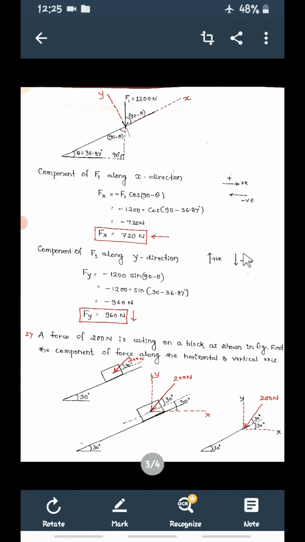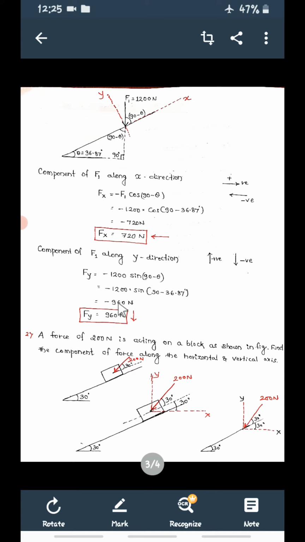Downward means it is minus 1200 sin of 90 minus theta. In horizontal we have taken cos, for vertical it is sin of 90 minus theta. So minus 1200 sin of 90 minus theta, again 36.87. So it is minus 960 Newton.